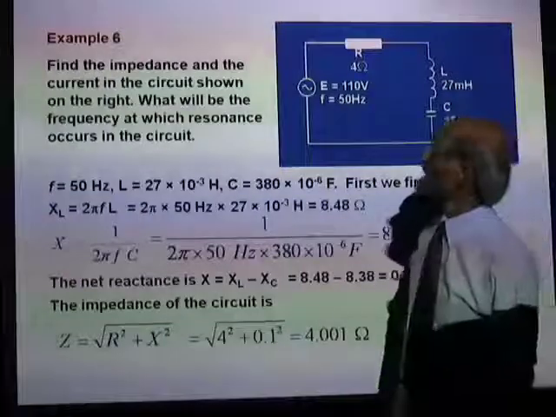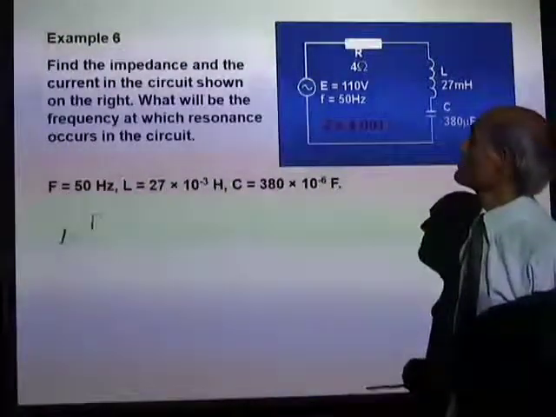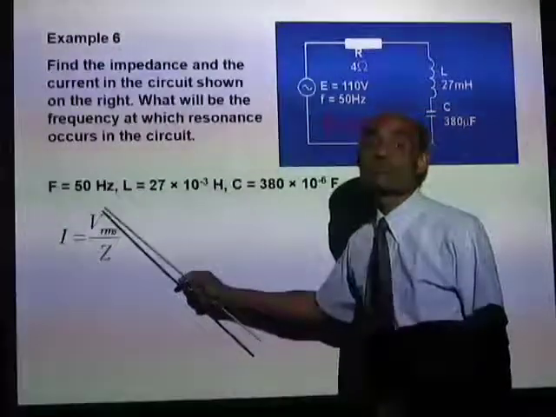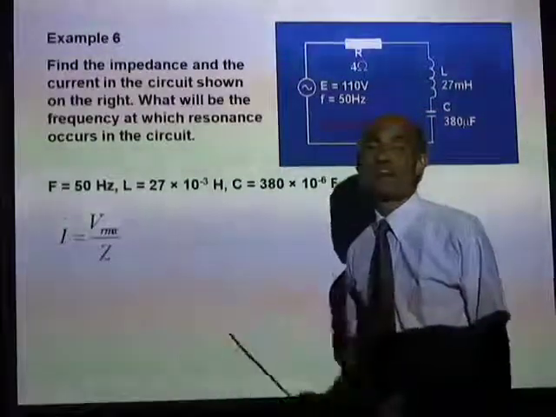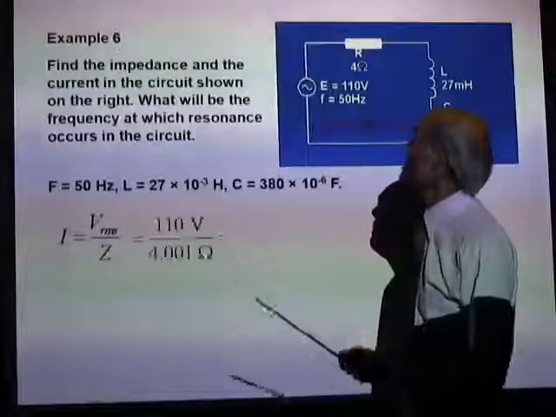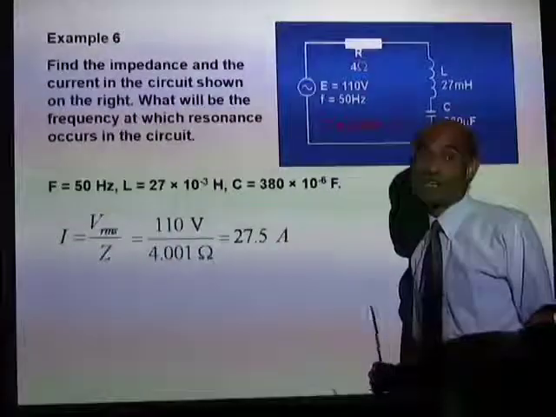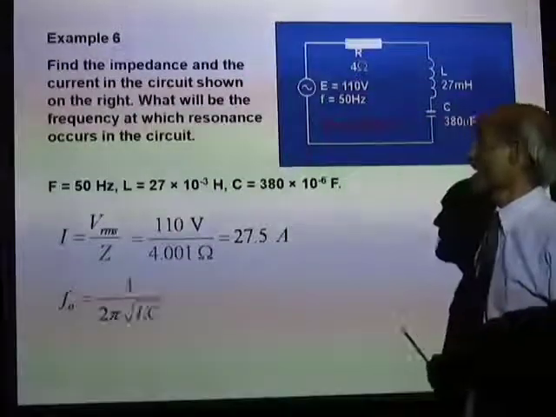You got the total impedance, and that can be used now to find the total current. I equals V RMS divided by Z. V RMS is given to us, 110 volts. Therefore, I RMS is 27.5 ampere.